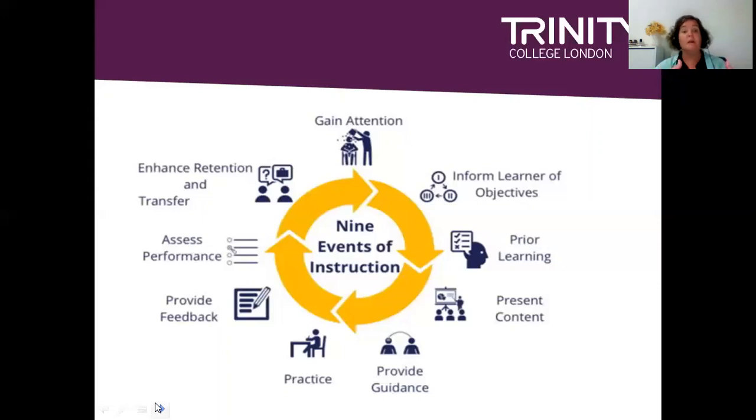And of course, as you can see, we've got the word assessment. We need to assess our students' performance. And if you pay attention, we've got the word performance there, which means that we have to assess, look, gain evidence, not only during the practice stage, but in the stage that comes afterwards, which happens to be application.